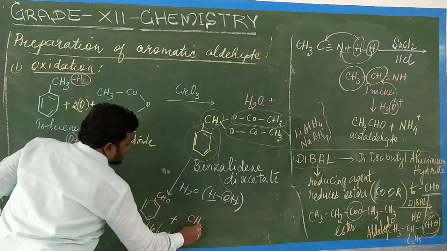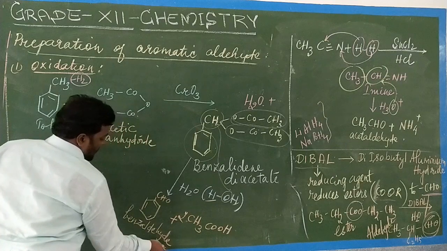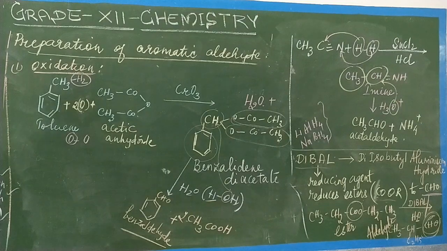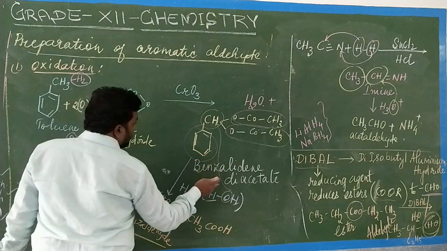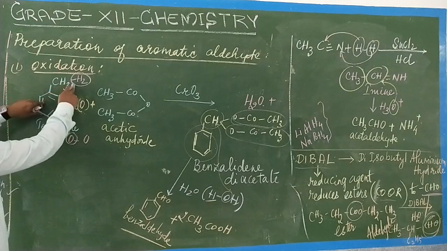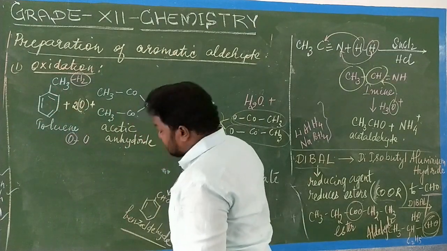CH3COOH, how many times? 2 times. So the aromatic aldehyde benzaldehyde has been prepared by the oxidation method using acetic anhydride and oxygen. In this, writing benzalidine diacetate needs a little care. Draw the benzene ring. 2 hydrogens have gone, so only 1 hydrogen will be present with this carbon.